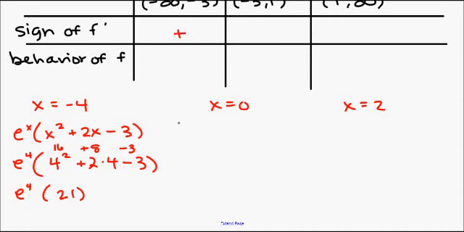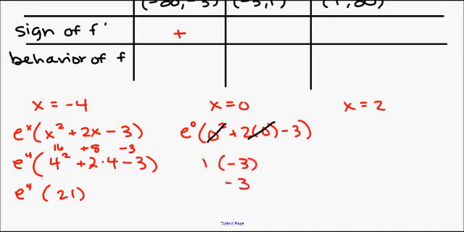Okay, moving on to x equals 0. So I'm going to plug in a 0 for all my x's. I have e to the 0 times 0 squared plus 2 times 0 minus 3. So those zeros go away. This e to the 0 is a 1, times negative 3. That's a negative 3. So negative.